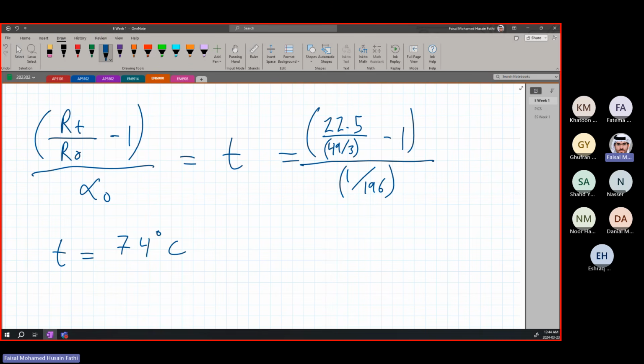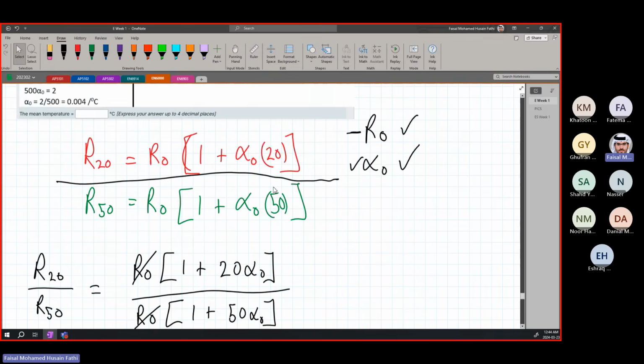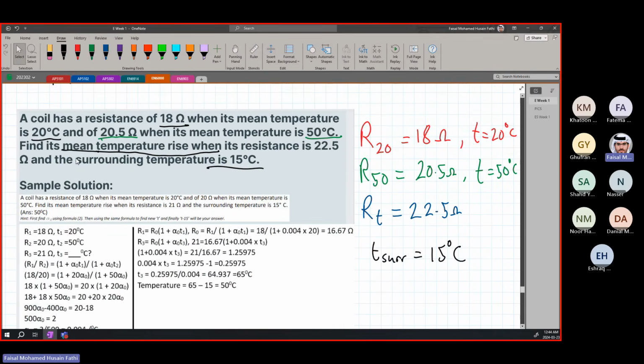degrees Celsius. So we found our mean temperature, but remember, the question isn't asking for the mean temperature. It's saying find the mean temperature rise. Meaning how much it is getting bigger, how much it is changing compared to the surrounding temperature, which is 15 degrees Celsius.